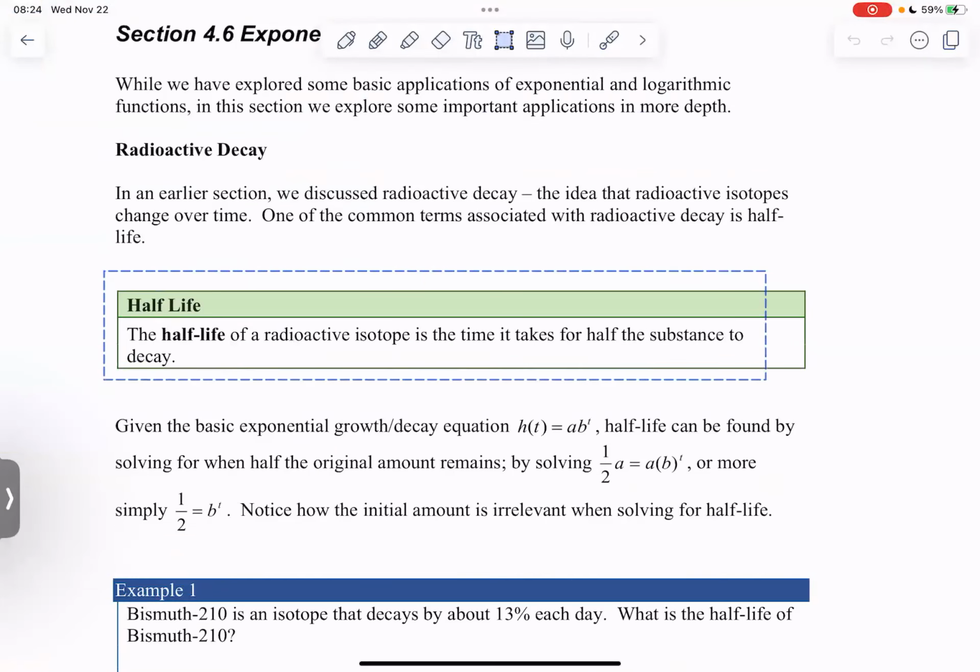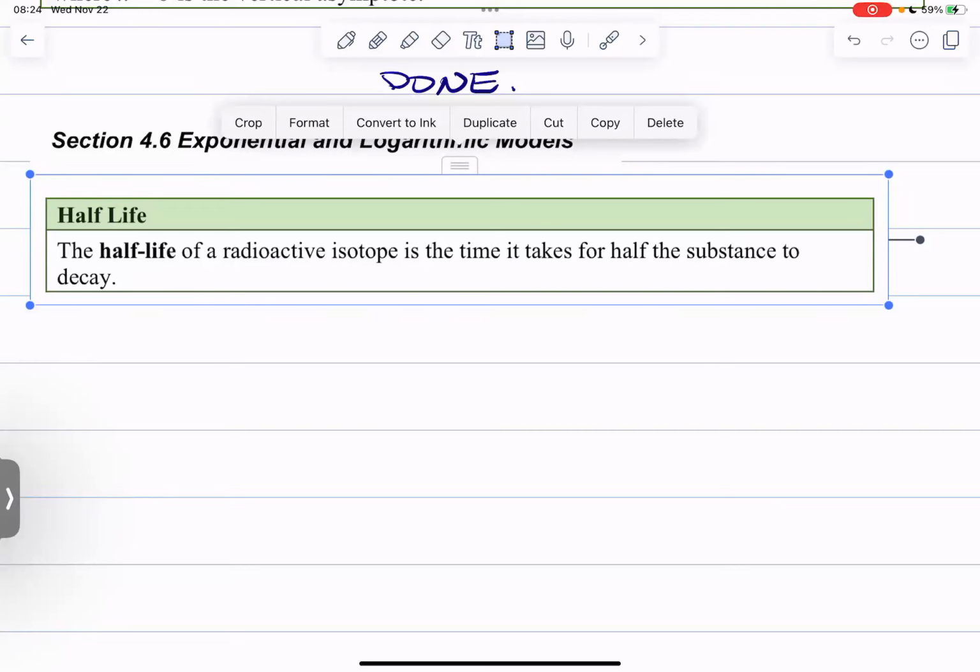We're going to talk about half-life and doubling time, which something tells me you've seen potentially maybe in chemistry or something. Not yet. Okay, great.